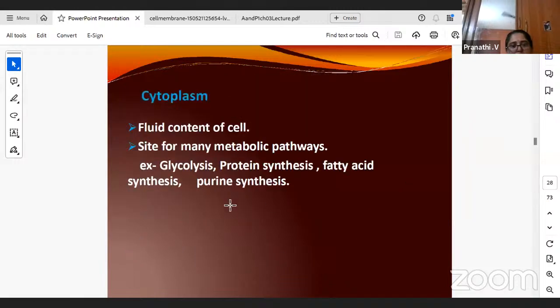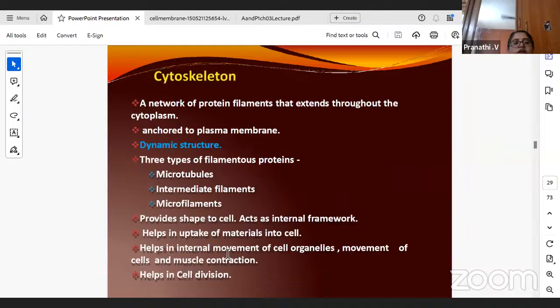Cytoplasm we have already seen. It is basically the site for many metabolic pathways. The cytoskeleton has protein filaments and is anchored to the cell membrane, or the plasma membrane. There are three types of proteins present on it: the microtubules, intermediate filaments, and the microfilaments.